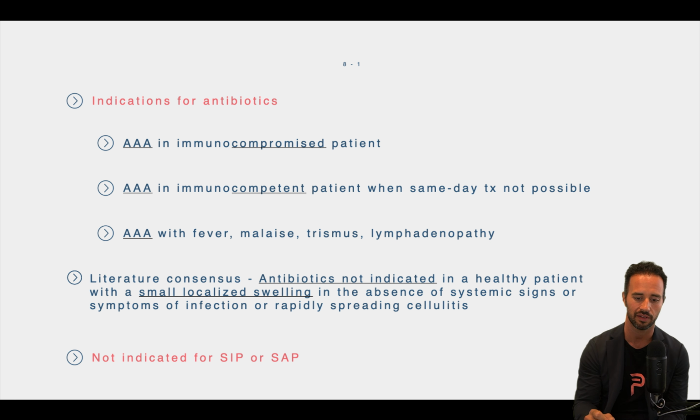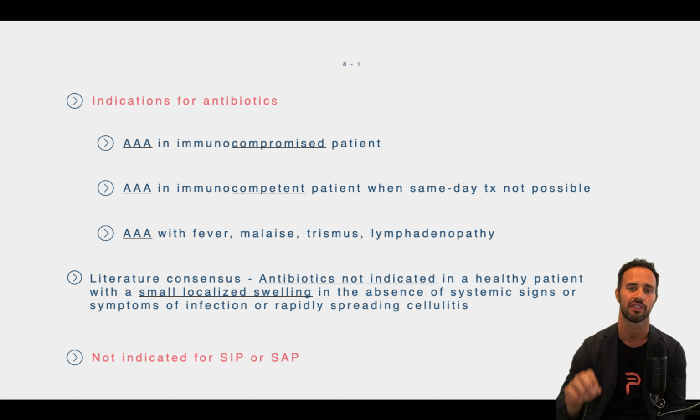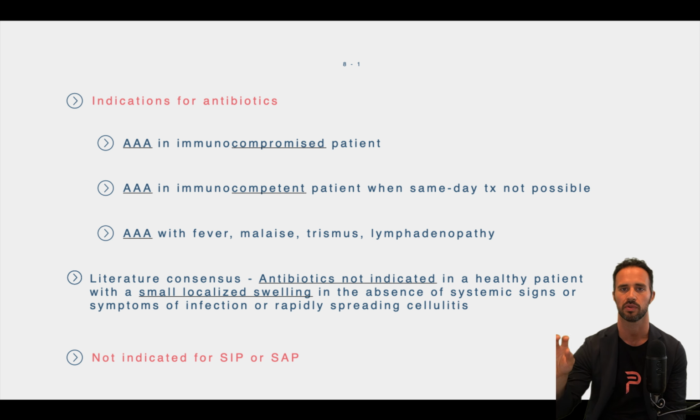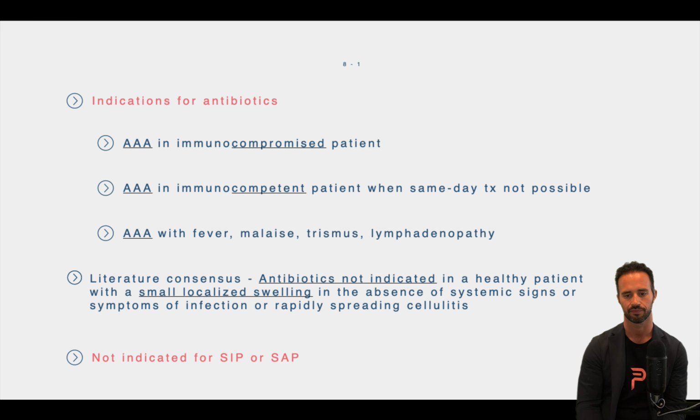Antibiotics are not indicated for symptomatic irreversible pulpitis, which is clearly a vital pulp status, or symptomatic apical periodontitis, which can be vital or necrotic but does not involve swelling. So swelling is really the key to whether or not you're going to prescribe antibiotics.